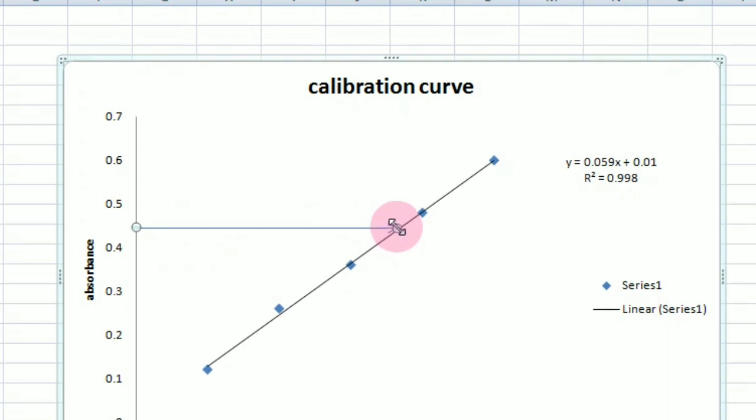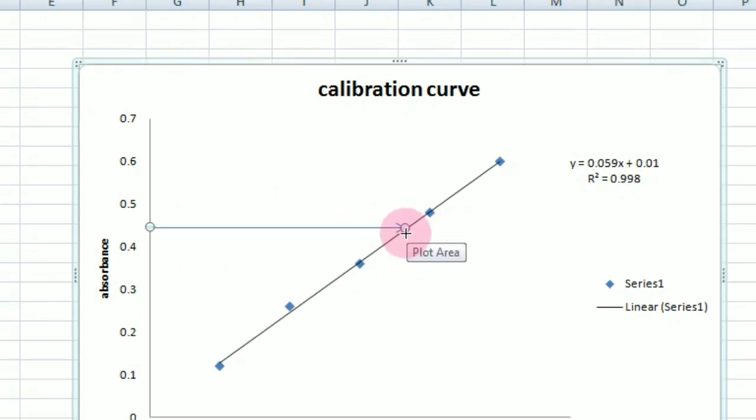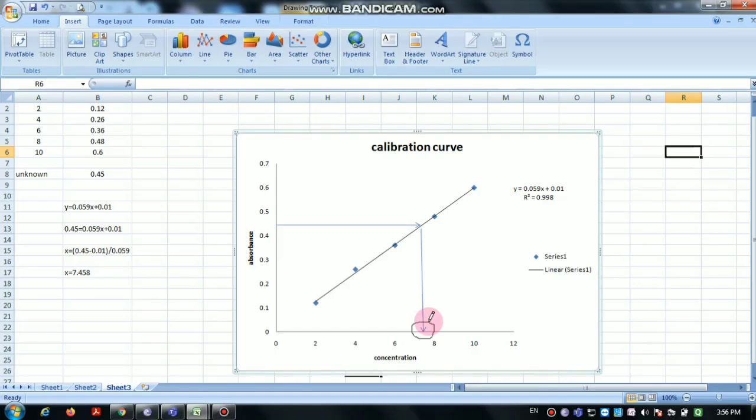So I have drawn a horizontal line, and from there I would extrapolate it vertically down to join it at some point on the x-axis. This point can be taken as the concentration of the unknown solution.